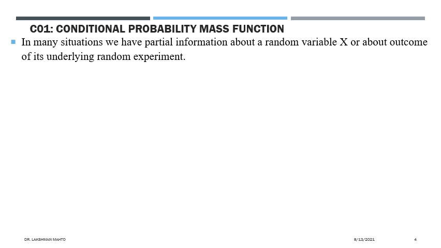In many situations we have just partial information about some random variable, or about some outcome coming from the random experiment. Based on that information, we try to come up with the probability of the associated random variable, or the probability distribution of the observed value of the random variable.